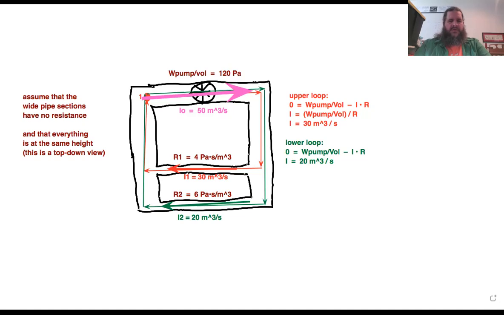Yeah, if we want to know the total resistance of this circuit, we can use that idea of adding the inverses, adding the reciprocals. So instead of just adding 4 plus 6 for the resistances, we're going to say 1 over the total resistance equals 1 over R1 plus 1 over R2. And mathematically, how would you add 1 over 4 plus 1 over 6?